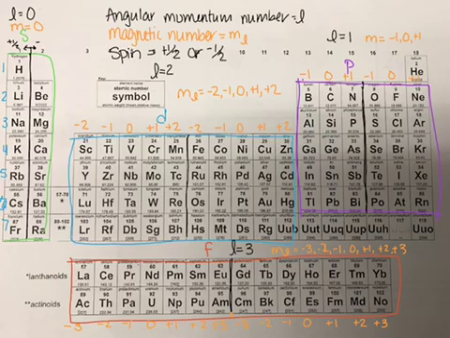Everything to the right will be -1/2. And that goes for all of the blocks. So maybe it works better to write +1/2, -1/2. And then down here too, we have plus 1/2, and then this way is minus 1/2.